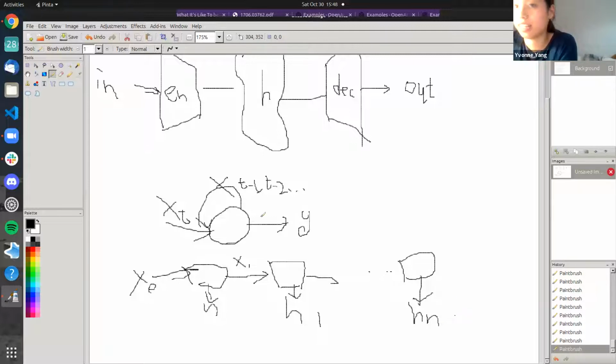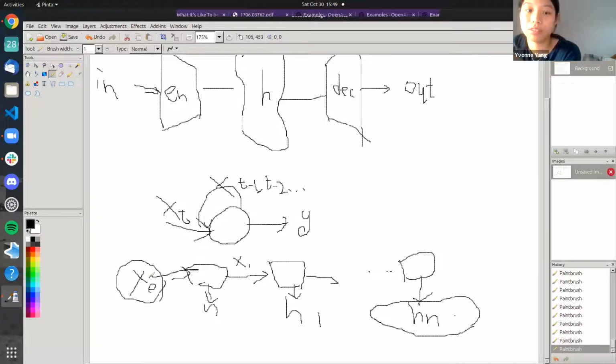Hn. And I call these h's because you want to have essentially two recurrent networks, one as the encoder and one as the decoder. So the encoder is going to take in your words one by one and then encode it into some kind of representation. And then your decoder is going to take out the words one by one, basically. But one problem that you can notice with this is, think about the first word, right?